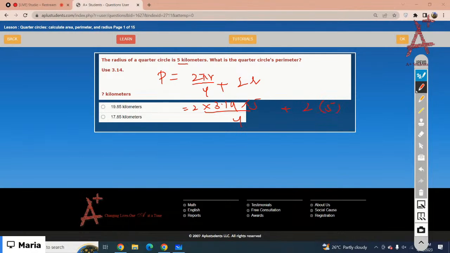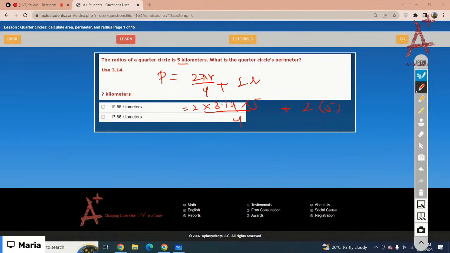Let me just do the calculations on the calculator. It would be 2 times 3.14 times 5. The radius is 5, hold on. 2 pi r, 2 times 3.14 times 5, that would be 31.4.